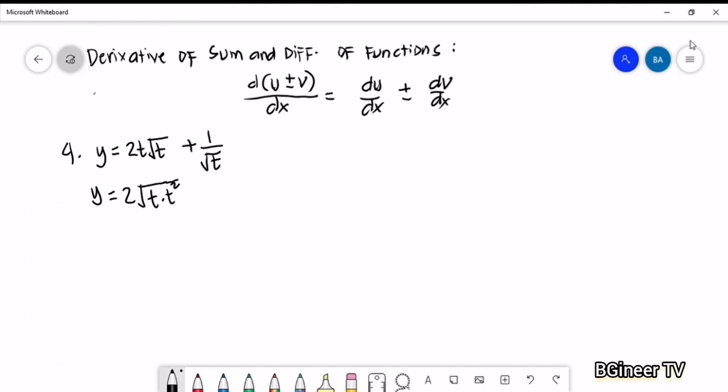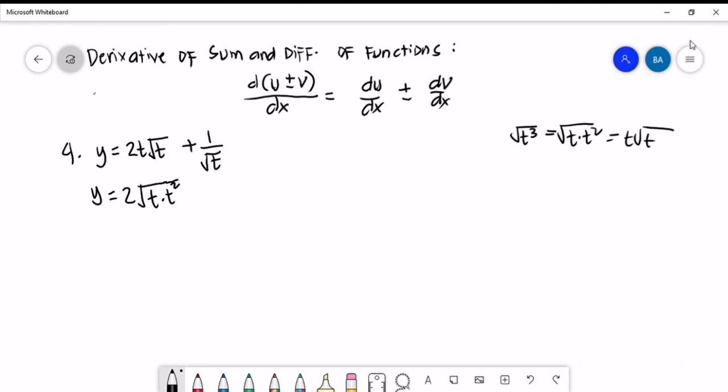So for example, if we have the square root of t raised to 3, we could transpose one of the t's, so this is also equal to t times the square root of t.